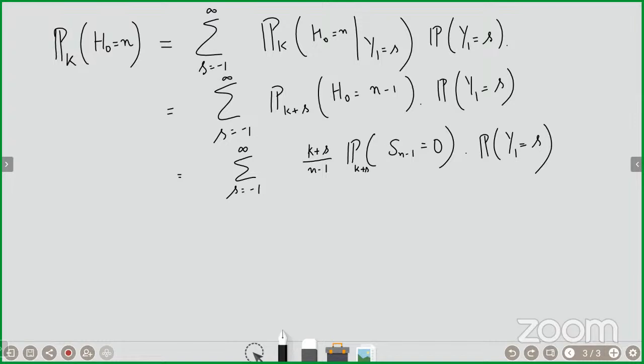So why is it true that k plus s is in fact greater than or equal to 0? What value can s take? Minus 1 and above. And what value can k take? By default, greater than or equal to 1. That is why k plus s is always greater than or equal to 0.